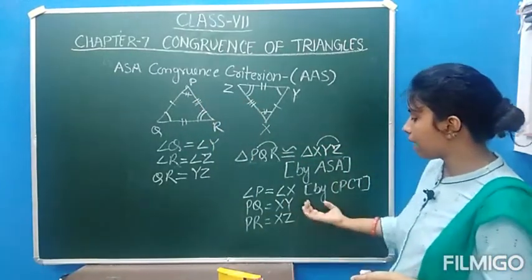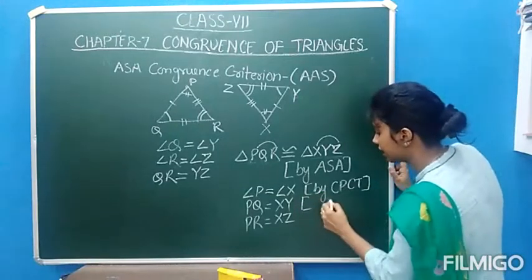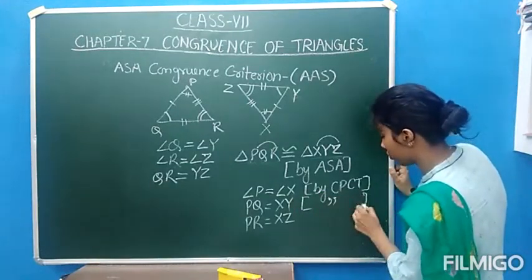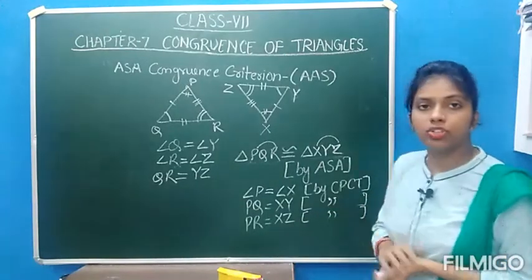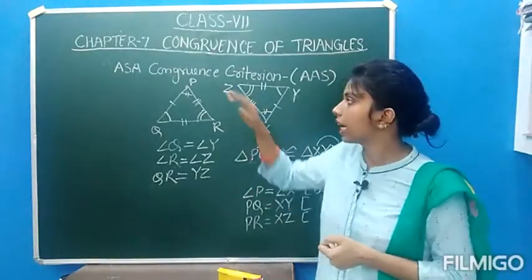These are equal by the same reason, corresponding parts of congruent triangles. So this is all about this criterion.